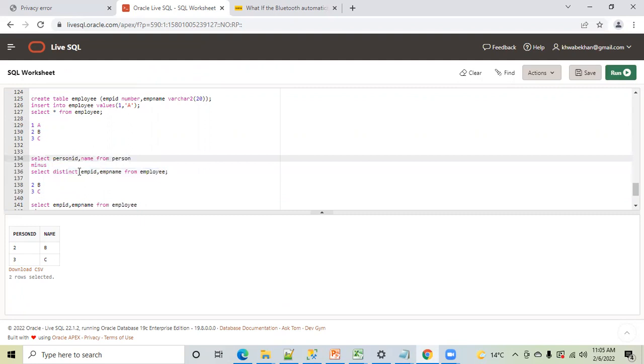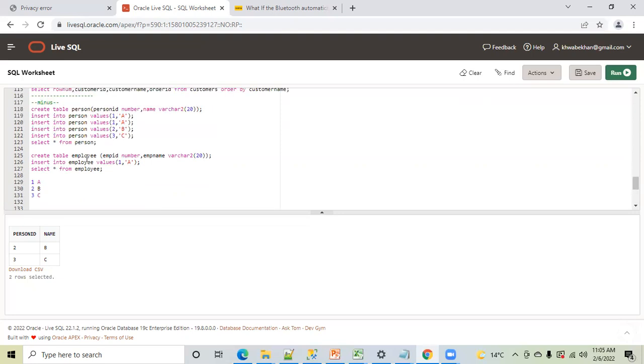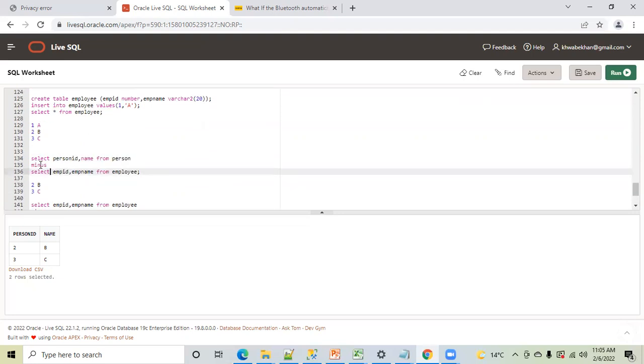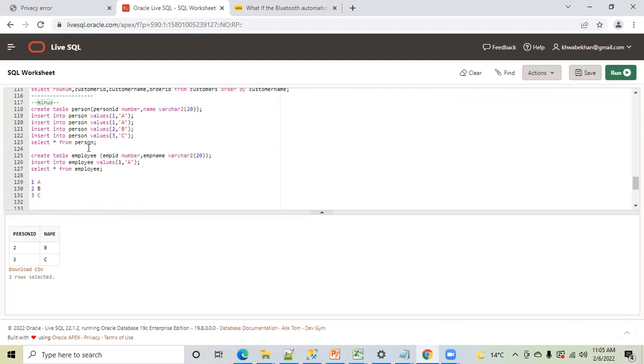So what did you conclude from here, guys? The conclusion is that by default the minus operator works on distinct records.